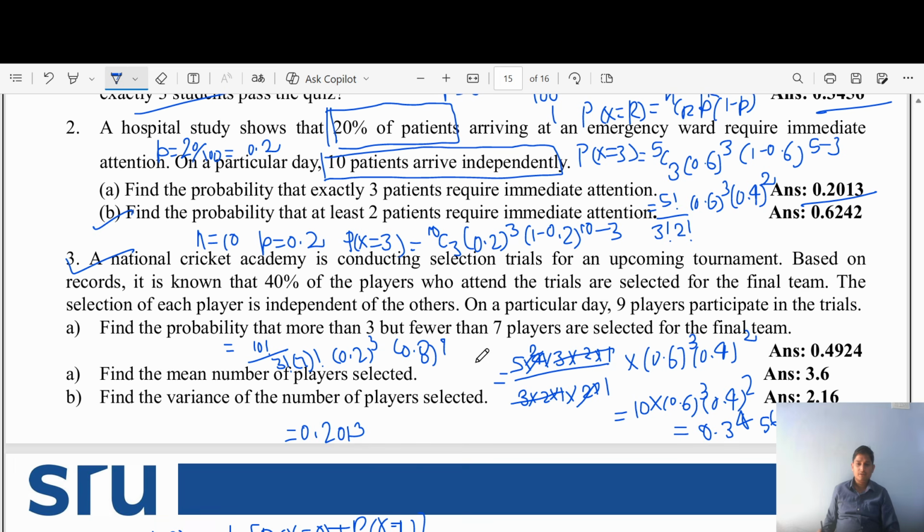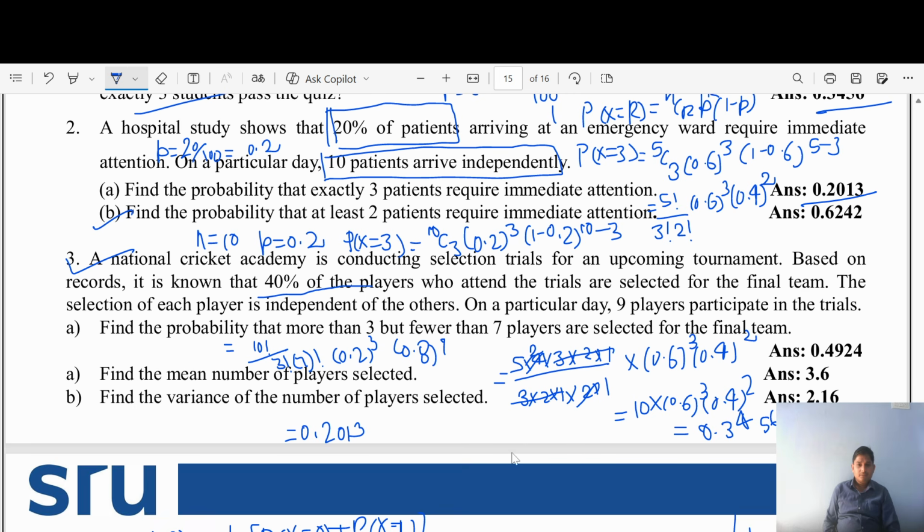So this is a very important question. So we discuss it. P is given: 40%, which is 40 upon 100, meaning 0.4.